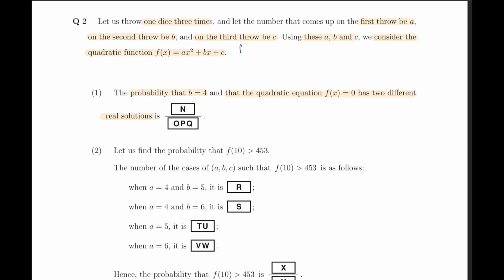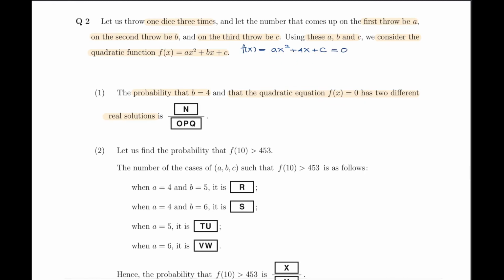So our quadratic equation will become ax squared plus 4x plus c. And then if I equate this with 0, I will get the quadratic equation, and I want this quadratic equation to have two different real solutions.